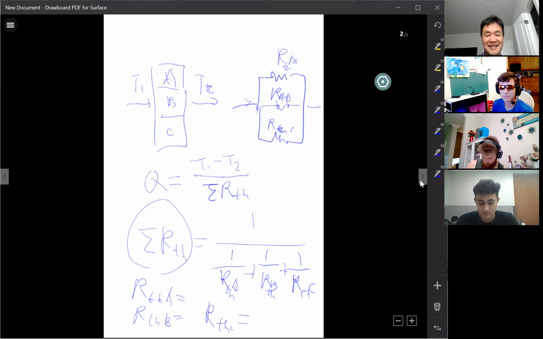It's just the thickness, I think it's probably the same, divided by K times area. KA, KB, KC.